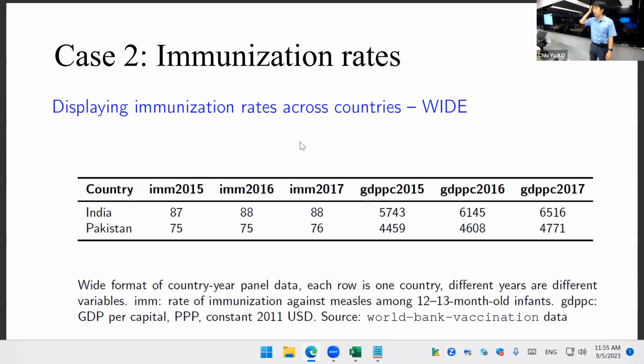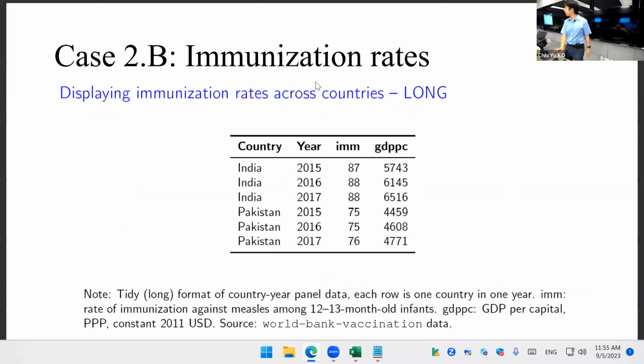This is not a long format, because usually the long format is the observation over time. So the long format will be like this, because each observational unit is a country-year.